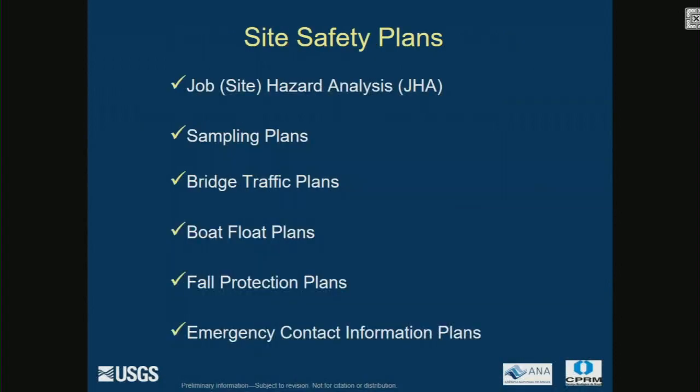So there are several safety plans that the USGS requires our centers to do and follow up with and keep current in our safety operations. One of which is the job site hazard analysis, a JHA. It describes what's going on at the site, the type of hazards that are there, the things that someone could incur. I'll show you a copy of one of those.